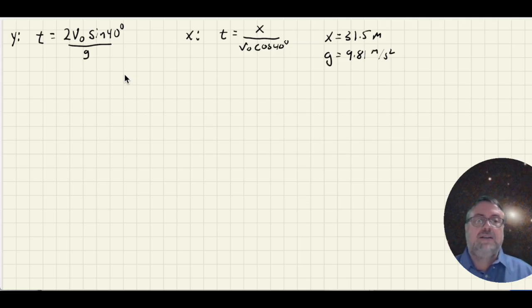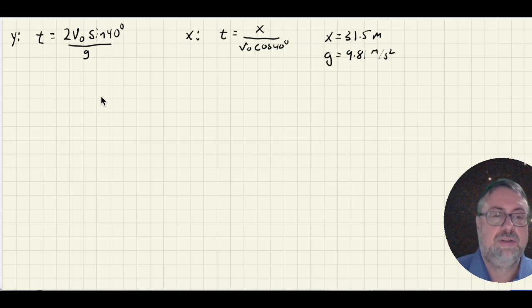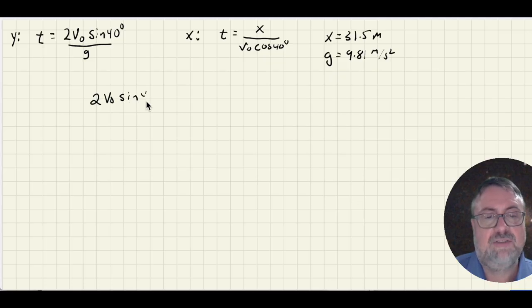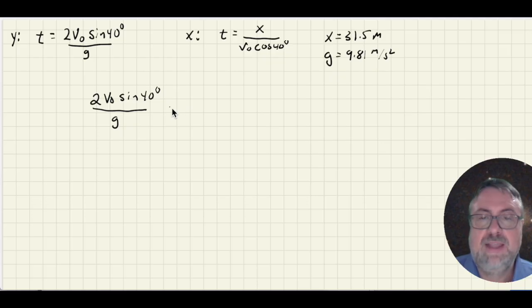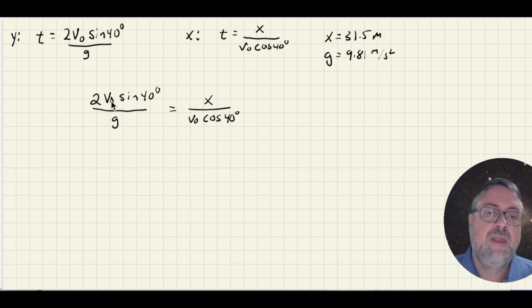All right, well, I'm going to set these two equations equal to each other. So I get 2 v naught sine 40 degrees over g is equal to x over v naught cosine 40 degrees. I want to get my v naught terms together, so I'm going to cross multiply.